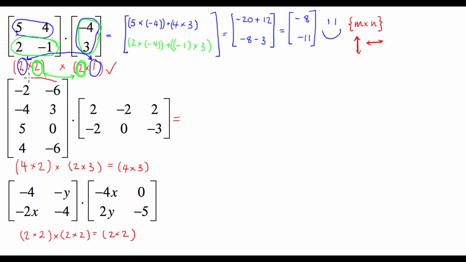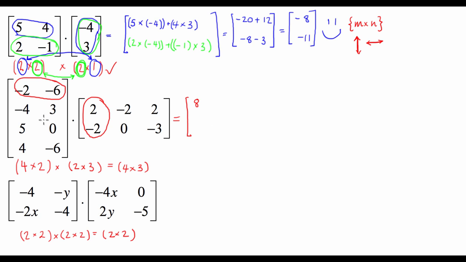So we go this row times this column. This is going to equal -2 times 2 is -4, -6 times -2 is +12. So 12 take 4 is 8.